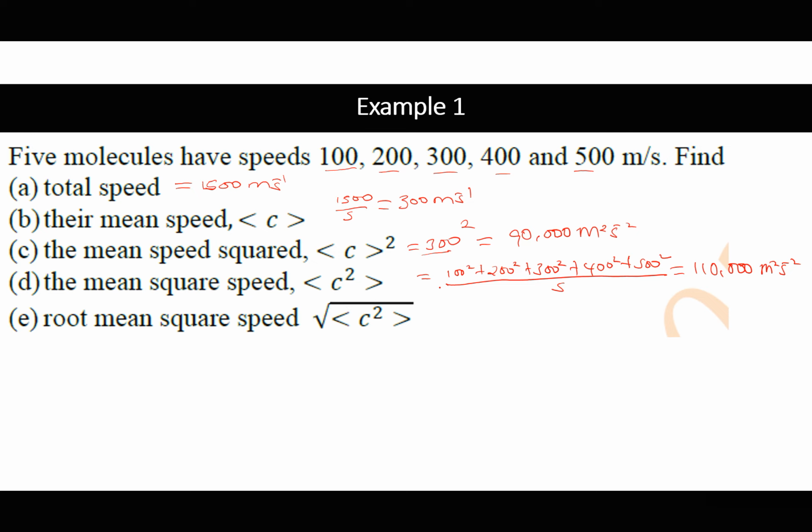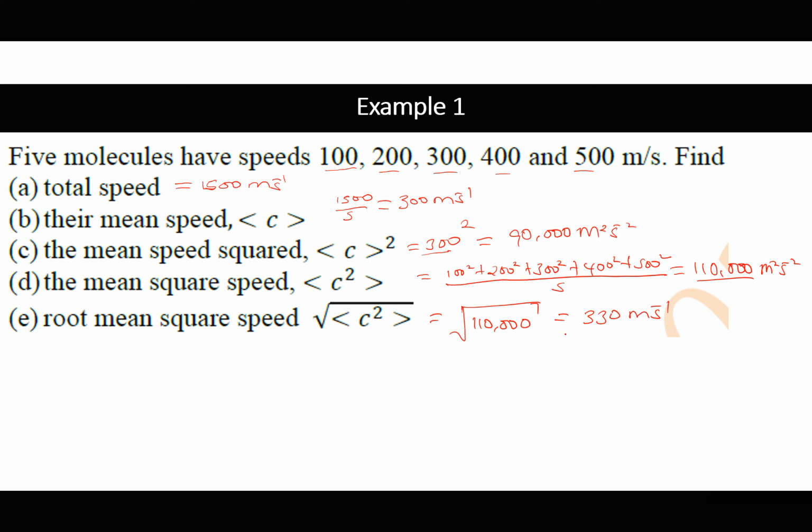Then the root mean square speed. By the way, you will find that the mean speed squared will still be 300. But the root mean square speed will be the square root of this. So the root mean square speed is going to be the square root of 110,000, which will give us 330 meters per second.